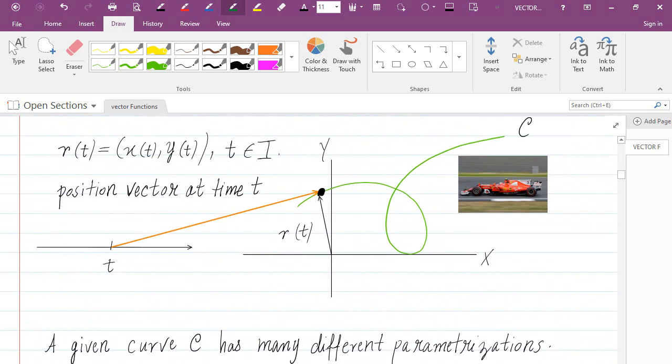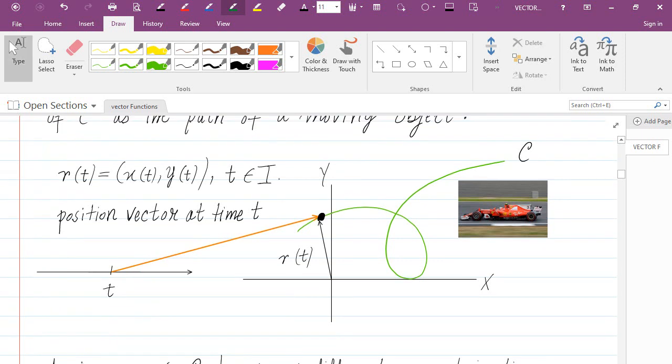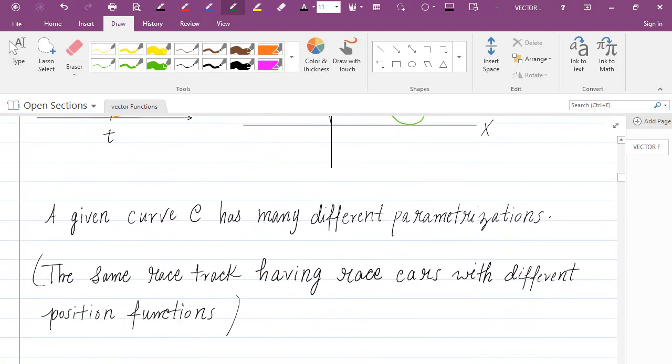So a given curve or the same path may have many different parameterizations. If I have two race cars on this racetrack, they may have different position functions, and we'll see in examples what I'm trying to say here.